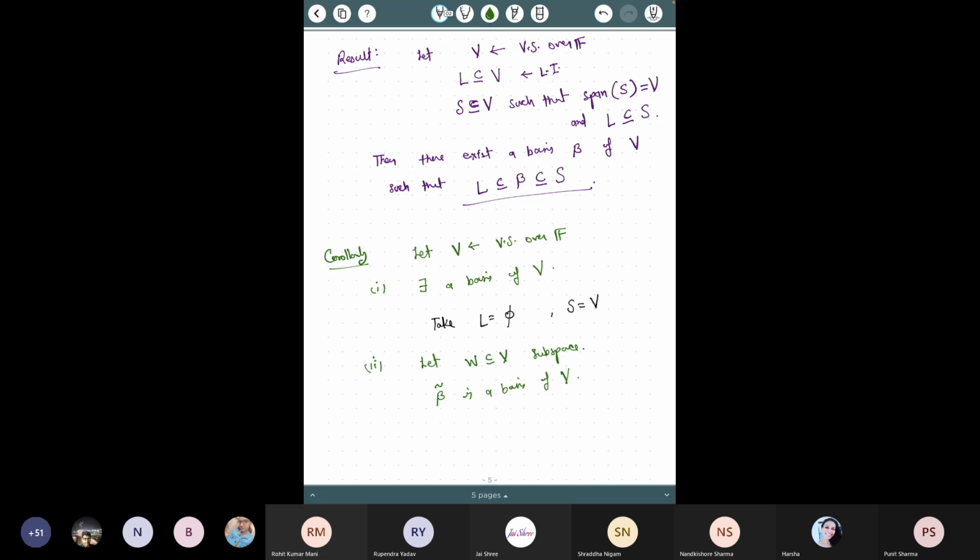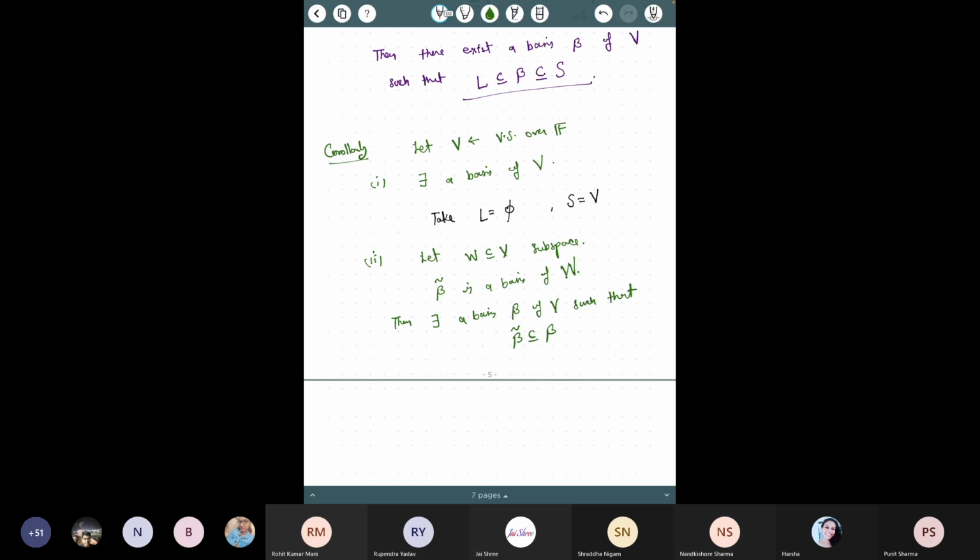Then we can say that there exists a basis B of V such that B tilde is a subset of B.